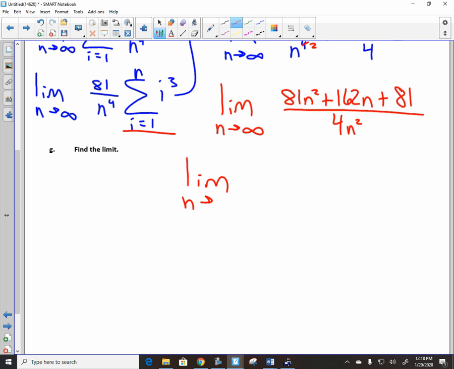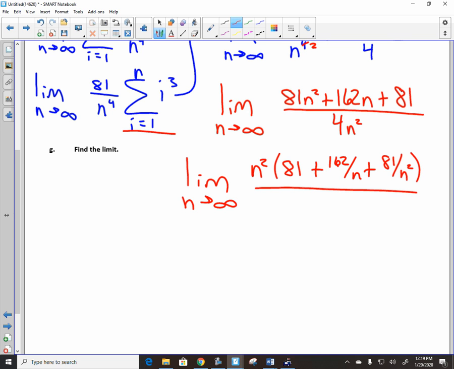Limit as n goes to infinity of n squared times 81 plus 2 over n plus, all over, those cancel. Those go to 0.